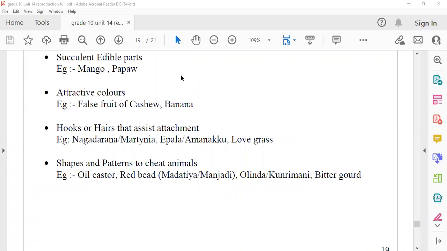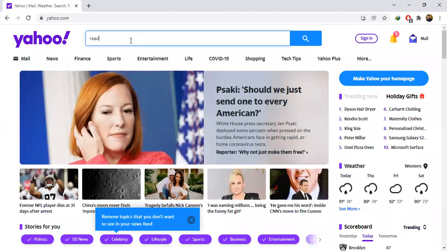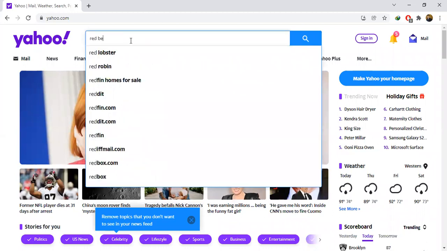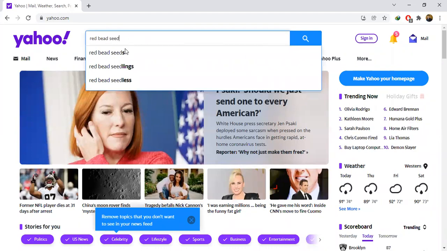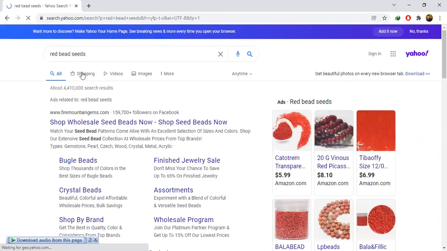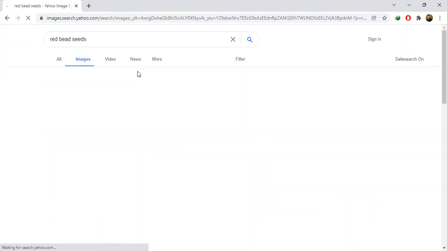Okay, so this red beet, what is called by the name manjadi. Manjadi is a red color seed, my children. We are searching for red beet seeds, also called manjadi.